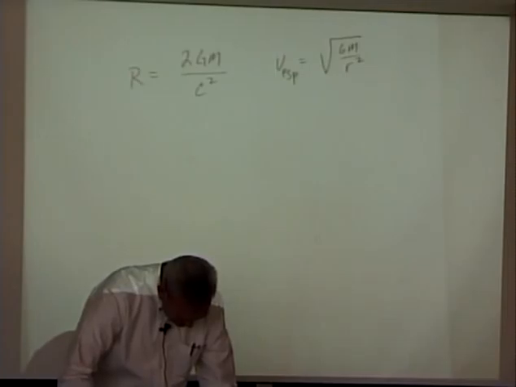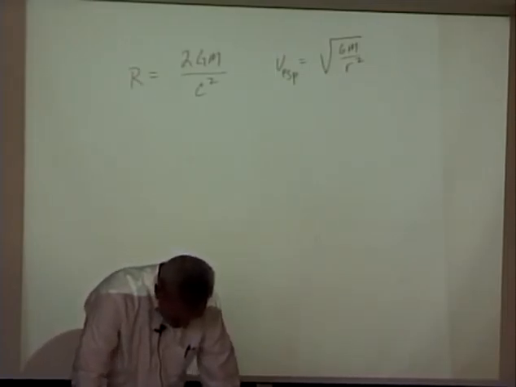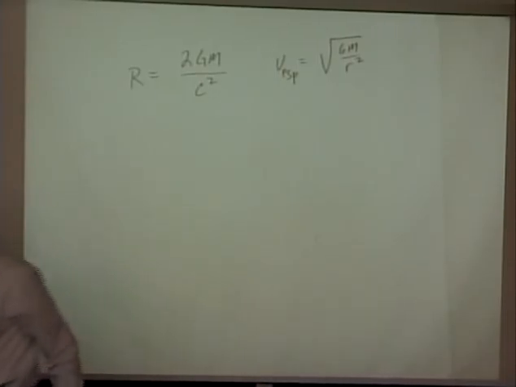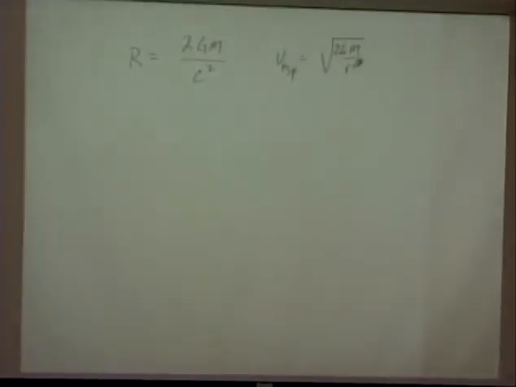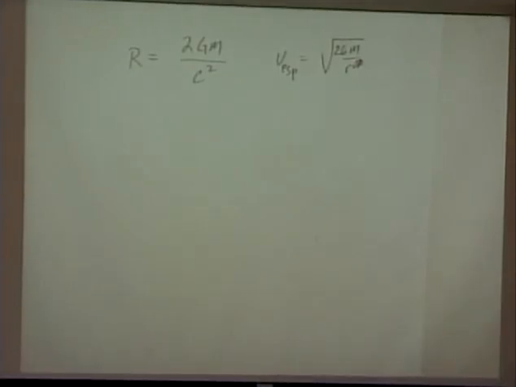I knew I'd get ahead of myself. Hold on one quick second. It's the square root of 2GM over r. There we go. Square root of 2GM over r is escape velocity, and so that's where they got this. And that's the event horizon. That means that's where nothing escapes, no light escapes or anything like that.